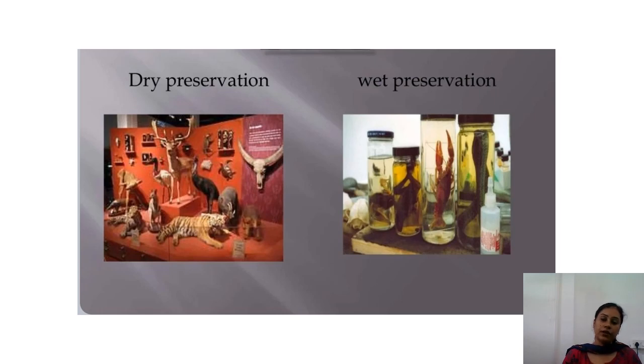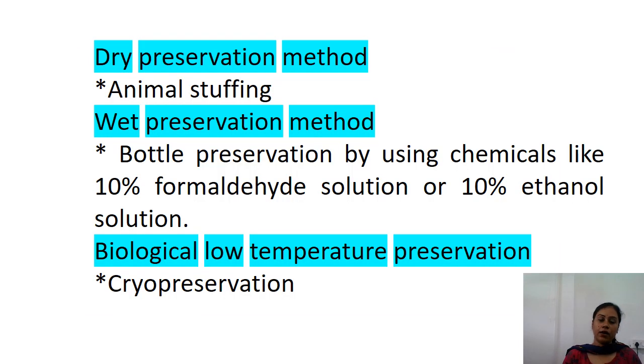In the next photograph, you can see wet preservation, where we use bottles, and inside those bottles we use certain amounts of chemicals, and inside these chemicals we dip our collected organisms and preserve them for our future reference. As I told you earlier, for dry preservation we use the animal stuffing method.